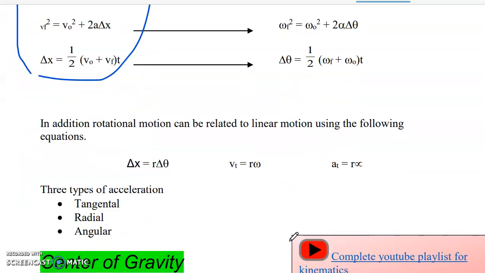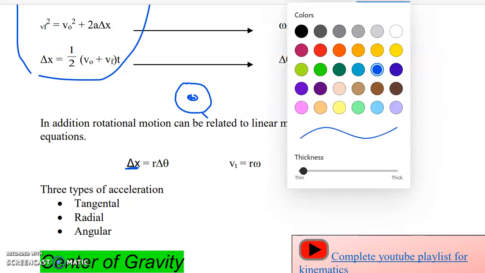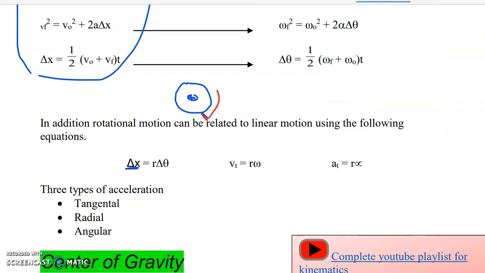Something that's a little bit new here is that we can take something that's rotating in a circle and convert, effectively find out how far it's moved. If you can imagine a circle that rotates about some center of mass, it has some angular displacement.